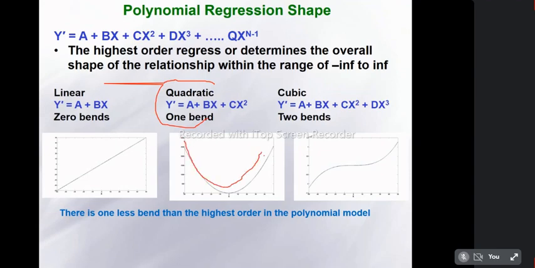This quadratic regression will move up, or it may go down, or it may go up and down like this. It depends on the largest exponent of the given variable. This one is cubic, and the second one is quadratic.